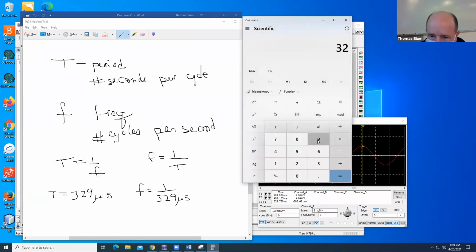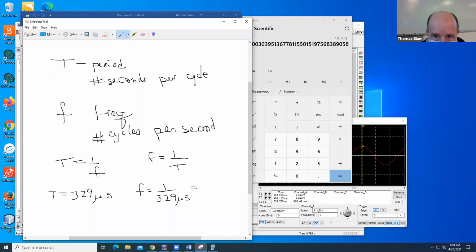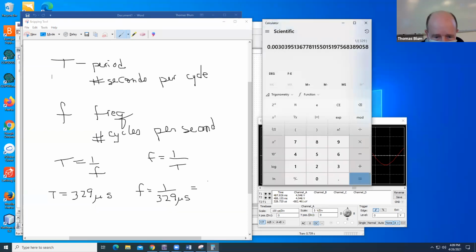And 329, 1 on is 0.00304, I'll say. And then the reciprocal of microseconds, the reciprocal of a second, is known as a hertz.